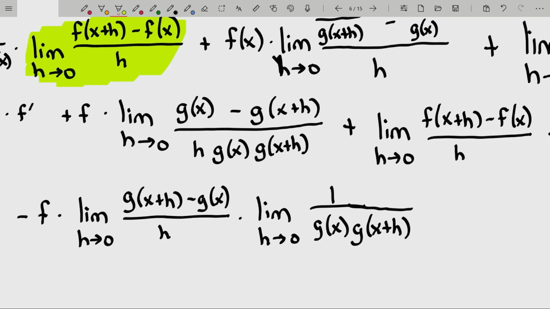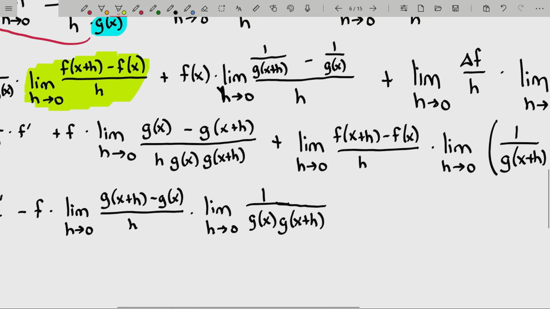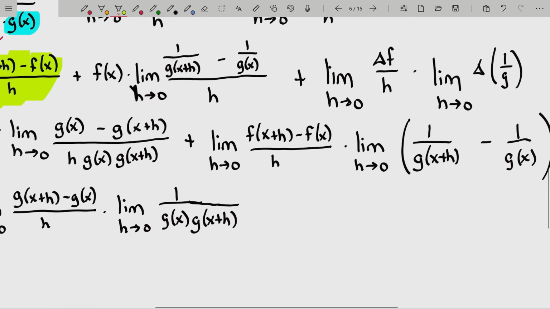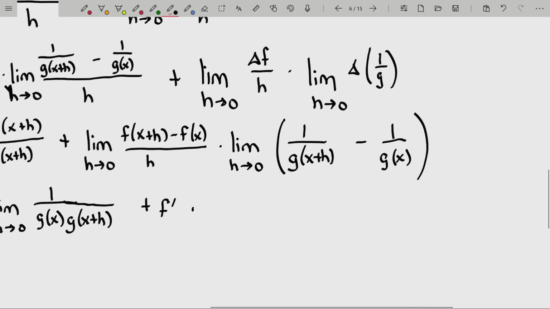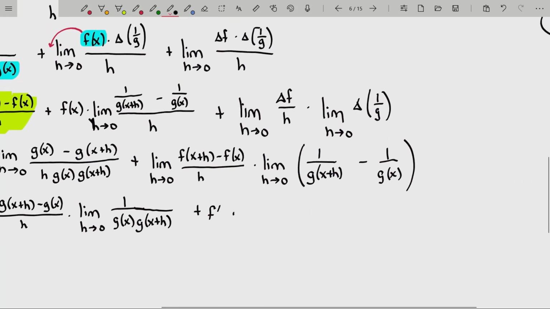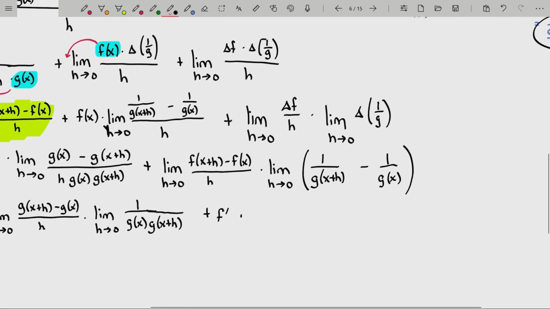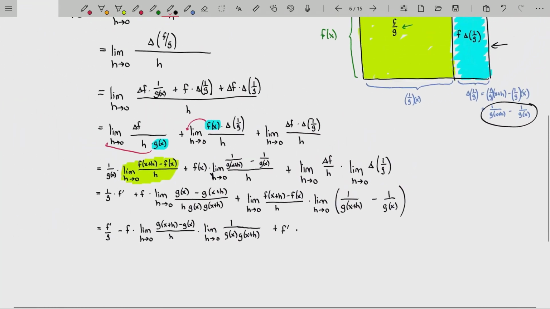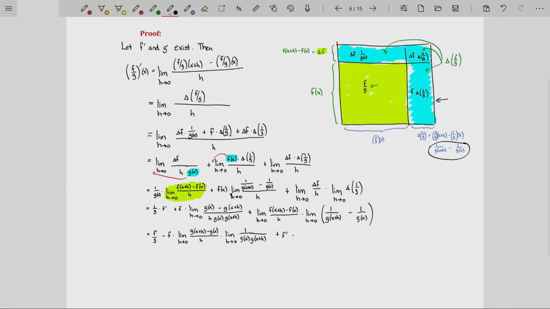Hopefully it is. Let's see what else we have. Oh, that next piece right there, that's just f prime. Yay, f prime times. Now, this is the same argument that we used with the product rule. Since f prime and g prime exist, then f and g are both not only differentiable, but continuous.